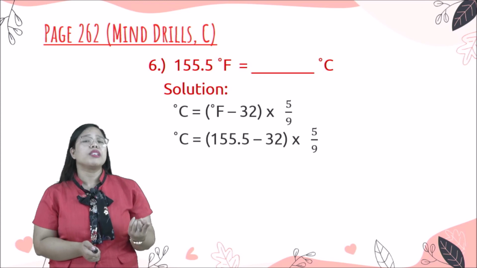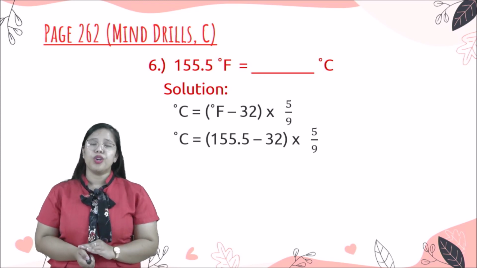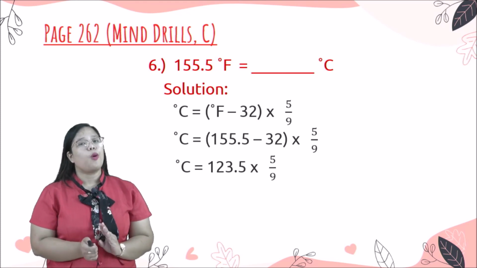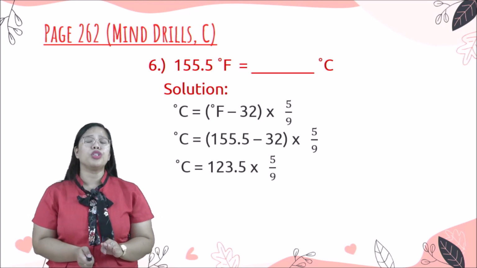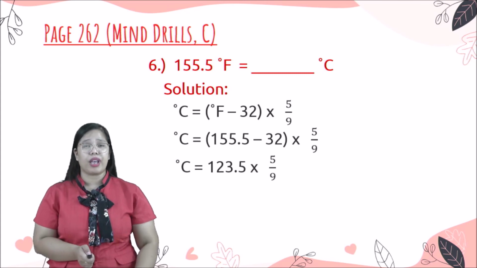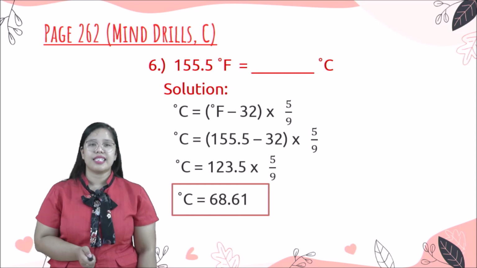So, we will subtract 155.5 minus 32, and the answer will be 123.5. And this is the time that we will multiply it by 5 and divide it by 9. And the answer is 68.61.